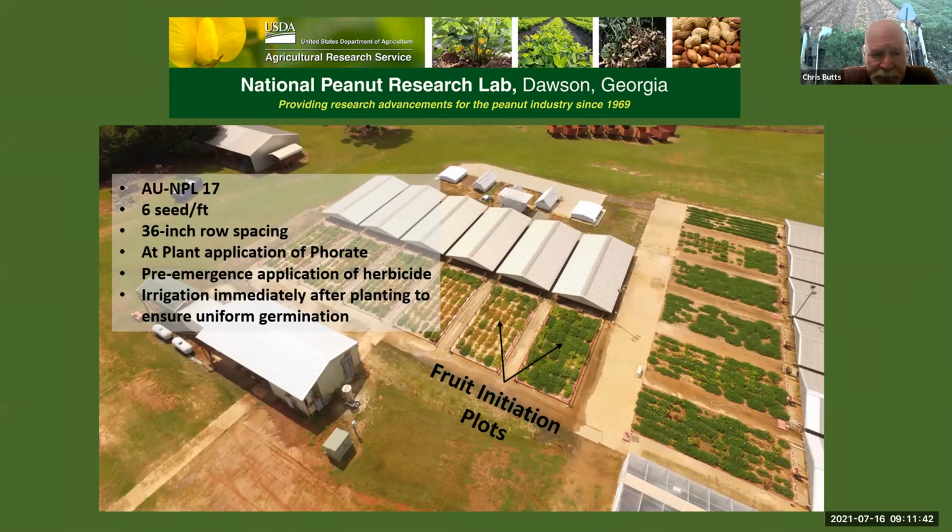We applied at-plant applications of 4-8, and then a pre-emergence herbicide application after we covered the seed, and then we immediately irrigated after planting to activate the herbicide and to ensure uniform germination. After that, we put the roofs on so that they would automatically close whenever we had a rainfall event, so that we could control the water applied to each of these plots.